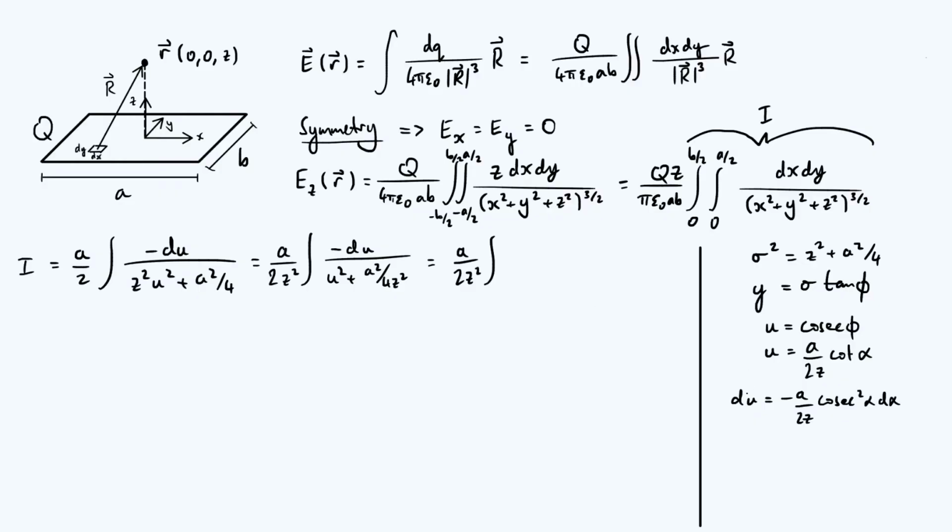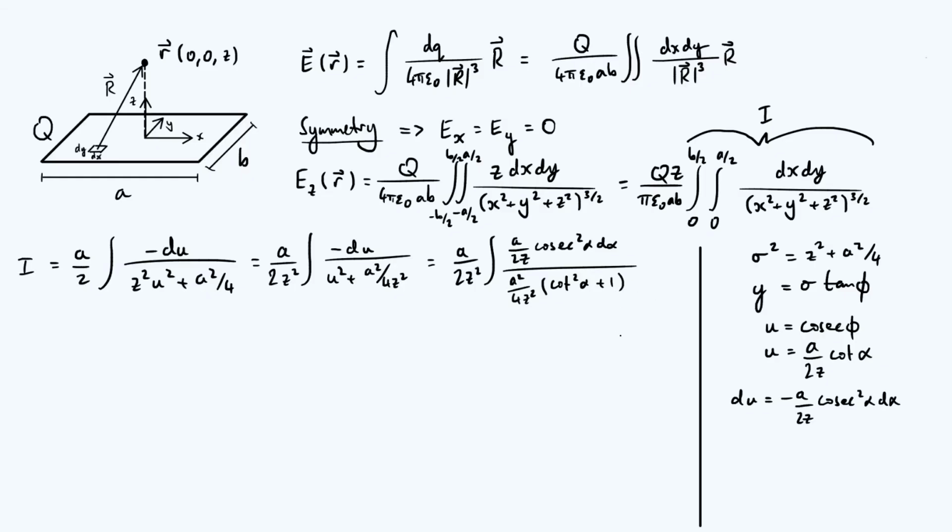Now the minus sign is cancelled because du itself had a minus sign. So the numerator is now just plus a over 2z cosec squared alpha d alpha. The denominator is a squared over 4z squared times cot squared alpha plus 1.